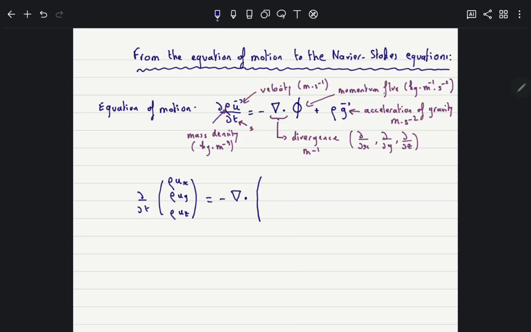phi, the momentum flux. Remember this is the second order tensor, that's a matrix.